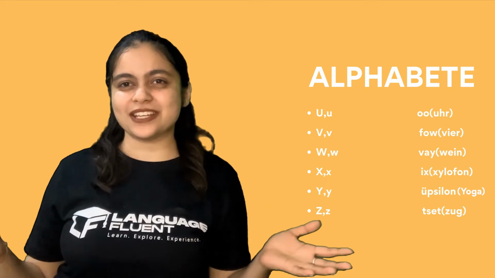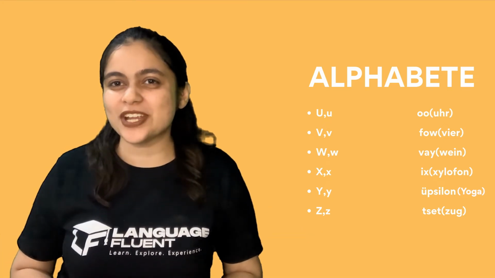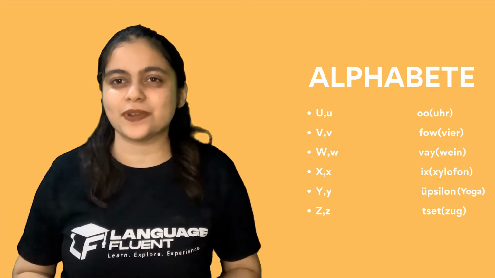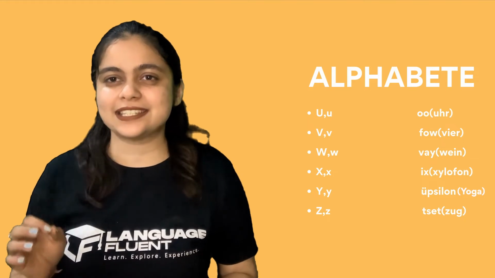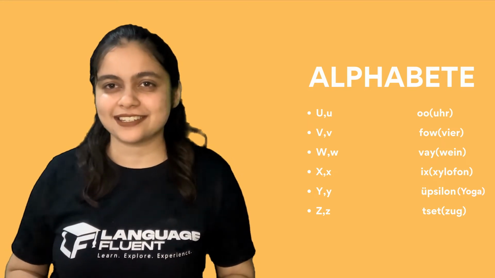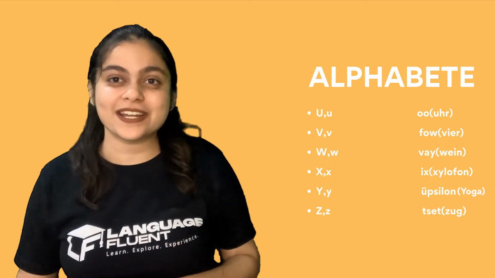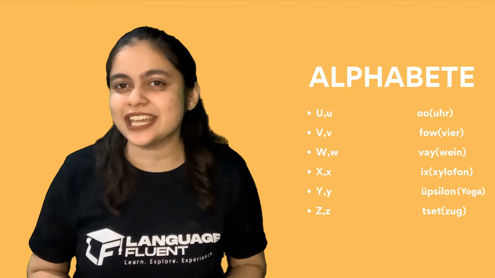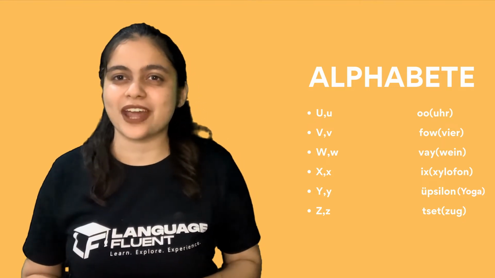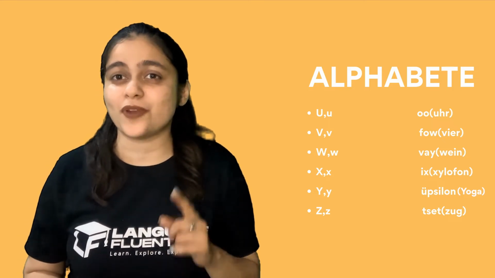Okay, that brings us to the last alphabet of them all, which is Z. So Z in German is pronounced as Z. If you paid attention earlier, while we discussed how to pronounce the C in German, I very well told you that C is pronounced as Tse. The T is very short but very essential.